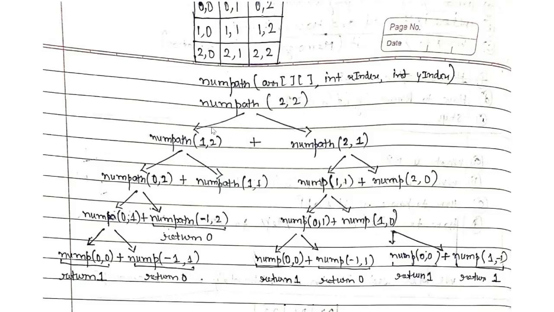And the same way, numpath 1,2 specified: tell me the total number of paths to reach 1,2 from source node 0,0, and whatever that might be, that would be my answer to 2,2 after adding both branches.